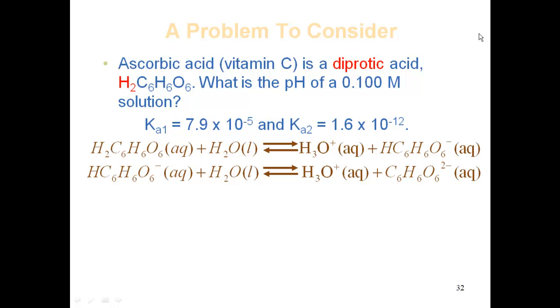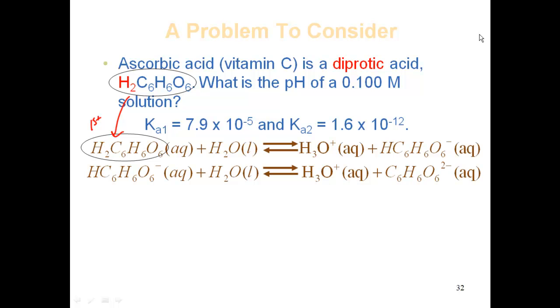So in the first equilibrium, you have your ascorbic acid forming hydronium ion and your hydrogen ascorbate ion. Then that will go on and ionize to form hydronium and your ascorbate ion. So there are two equilibria. Since we're dealing with the pure acid, we're going to deal with the first equilibrium.